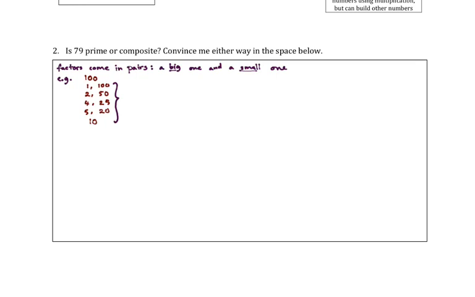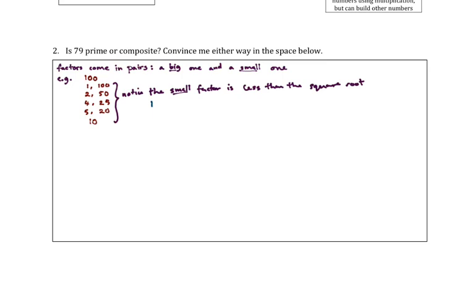Now notice, apart from the number 10, that each pair has a small factor and a big factor. Okay? So in 2 and 50, 2 is the small factor, 50 is the big factor. Notice how the small factor is less than the square root of 100, which is 10.